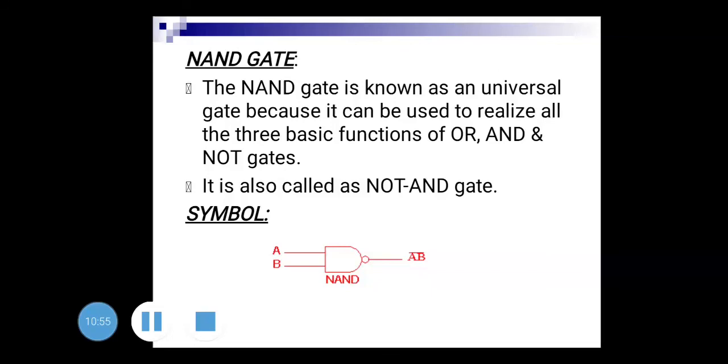That means even if you don't have basic gates like OR gate, AND gate, NOT gate, still if you have only NAND gates, you can realize any digital circuit using only NAND gate. Therefore it is called a universal gate.